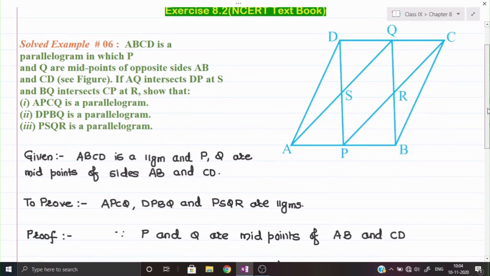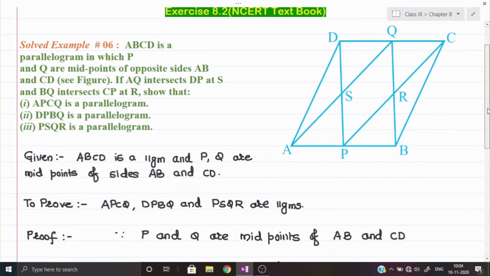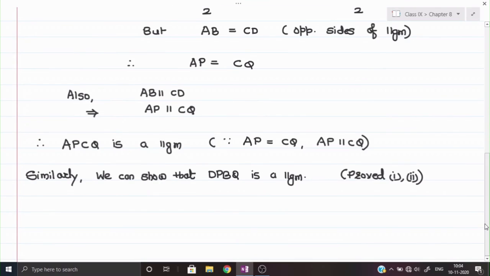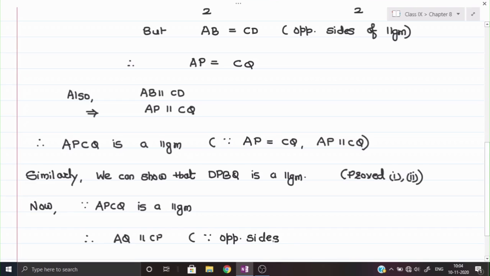First of all, we shall write down that APCQ is a parallelogram, therefore AQ and CP are parallel. So first let us finish the first part. Now since APCQ is a parallelogram, therefore AQ is parallel to CP. What reason can we give? Opposite sides of a parallelogram are parallel.